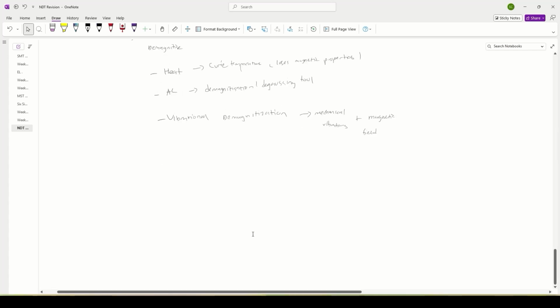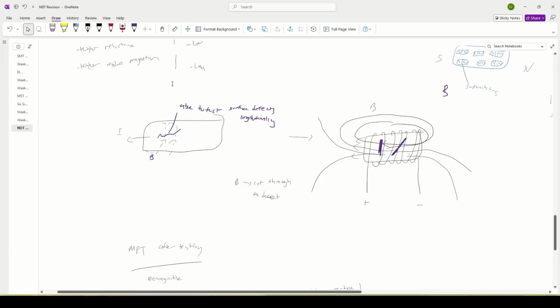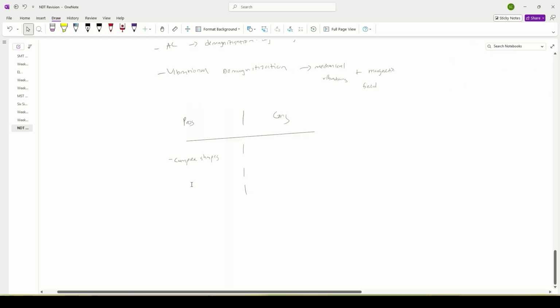Advantages of MPT include almost the same as liquid penetrant, but there are actually noticeable differences. The pros and cons. Of course, every NDT method has pros and cons. First off, it handles complex shapes. Remember how we drew a cylinder here? This is a cylinder and it has defects here on the surface of the cylinder. Yes, you can actually check for the defects here. Subsurface, surface breaking.